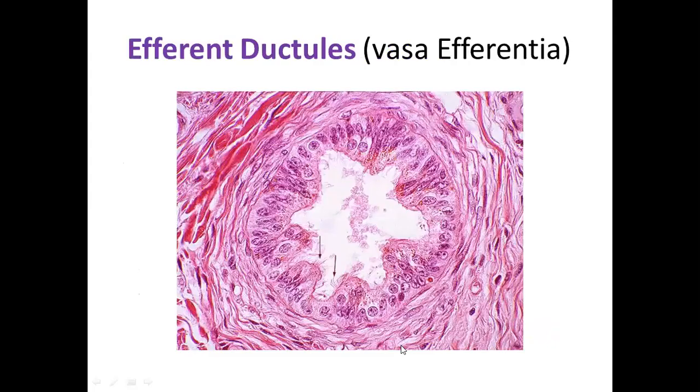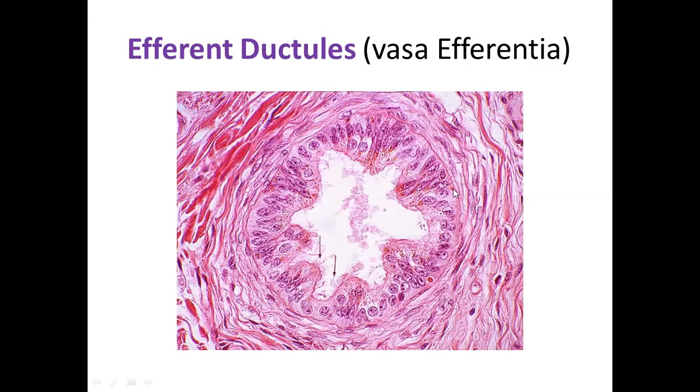Now this is a more magnified cross section taken from an efferent ductule. This is the lumen. This is a perfect cross section, and within it you can easily distinguish these columnar cells which are ciliated. They are taller, and in between them there are cuboidal cells which are non-ciliated. So these taller and lower cells give the characteristic convoluted or star-shaped appearance to the lumen of the efferent ductules.